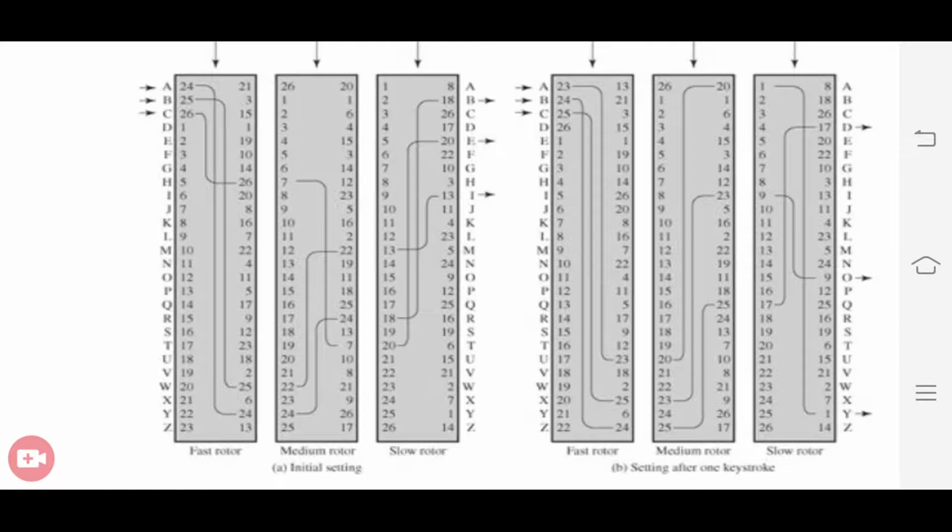So we are producing B as the ciphertext for the capital A as the plain text. Okay, for the plain text letter A, we are getting B as the ciphertext by using a rotor machine.